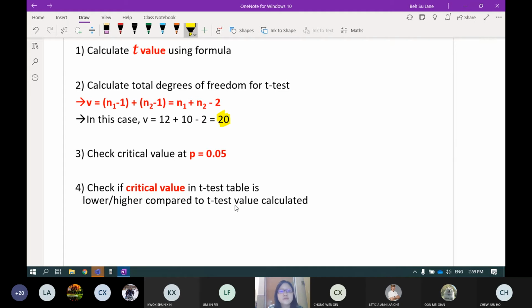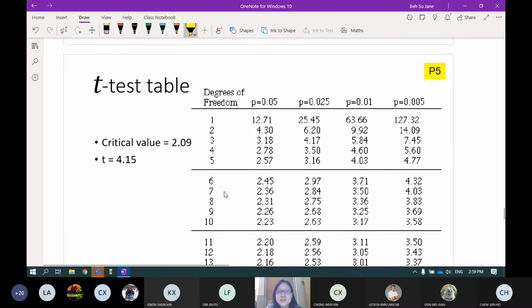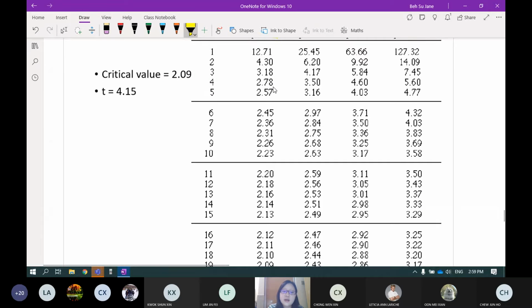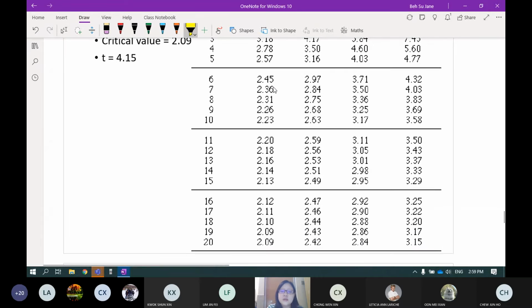And that's very important. Now we're going to look at the critical value in the table. Always the cutoff point is p equals 0.05. Again, the degree of freedom is calculated by n1 minus 1 plus n2 minus 1, and in this case it's 20. And the critical value here is 2.09. Now, there's a typo here.